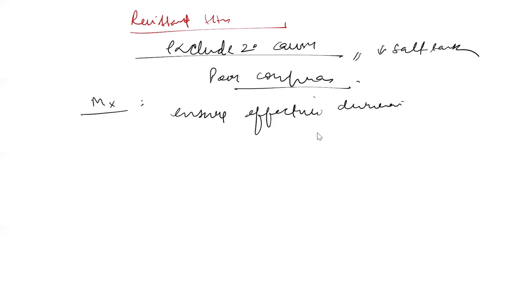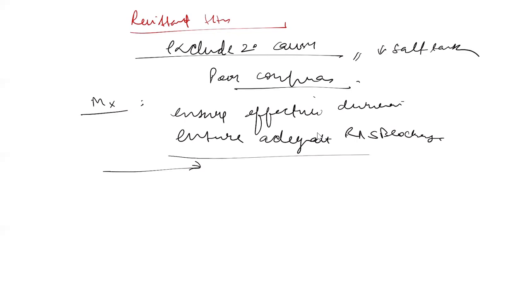Then the second point is to ensure adequate RAS blockade. After this, we can add other agents like beta blockers, alpha blockers, or other vasodilators.